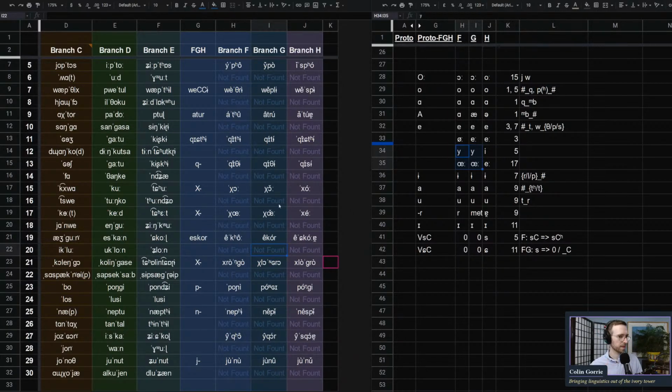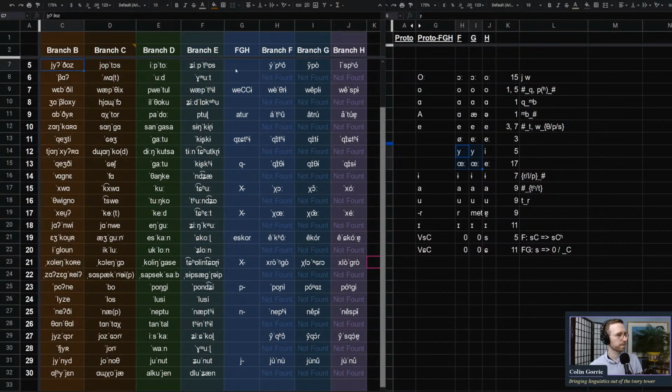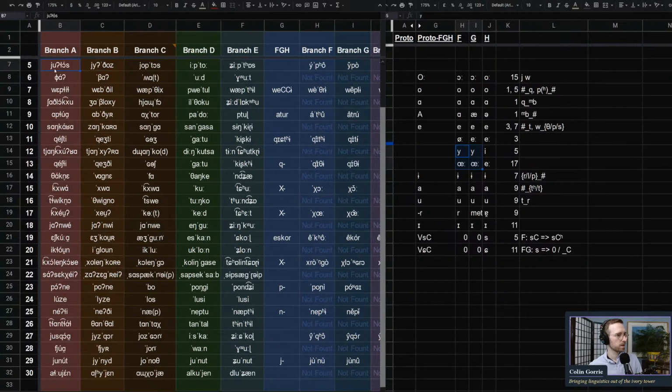And then if we go over just briefly to the other languages, let's look at 5. We do have evidence for a rounded vowel in A, B, and C. And we are looking also at 17.